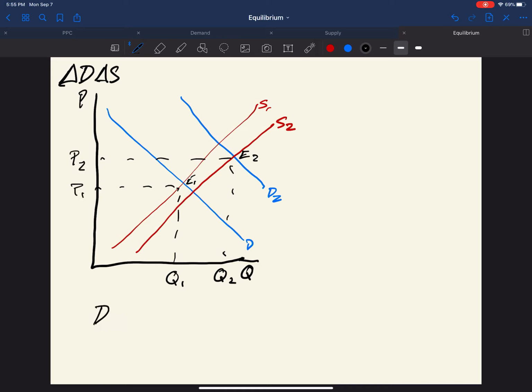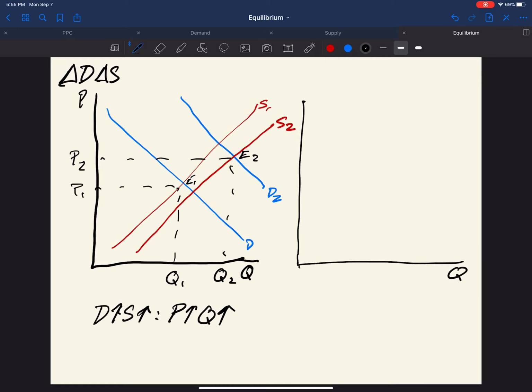All right, so in this scenario, demand and supply increased. So as you see that happening, well, what happened to price? According to this, price increased, and quantity also increased. But here's the problem. The question is, did it really? Let's do this again. We're going to do an increase in demand and supply at the same time.